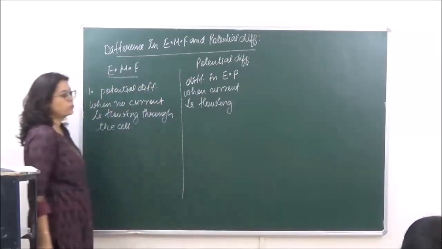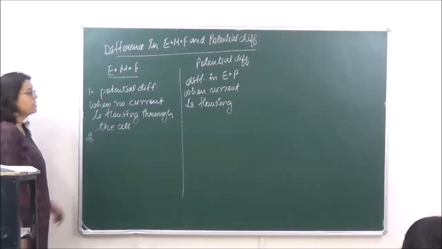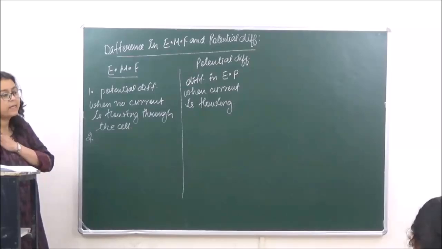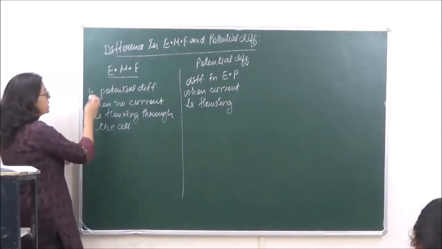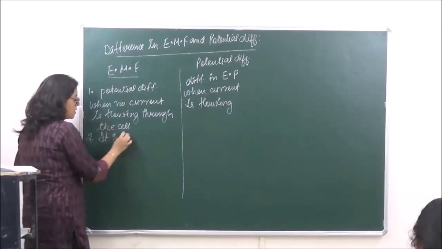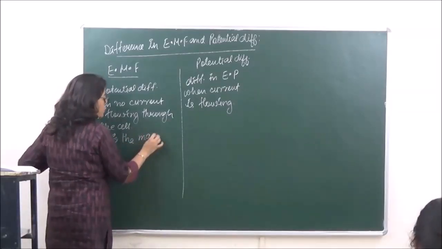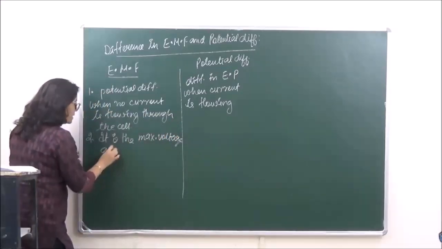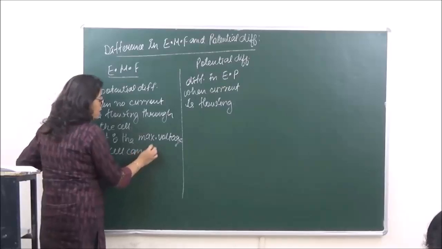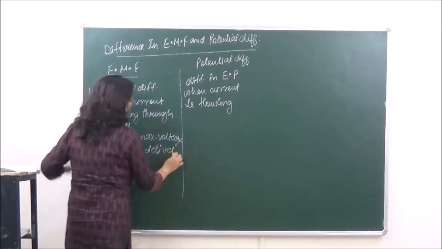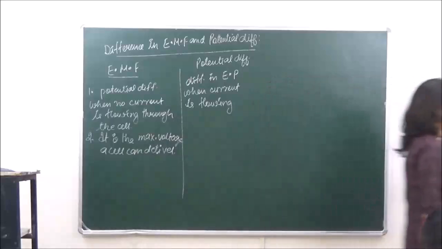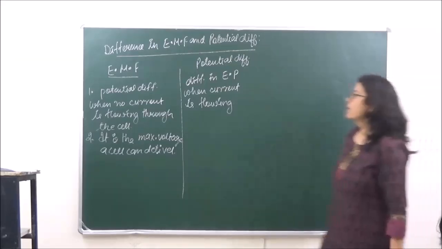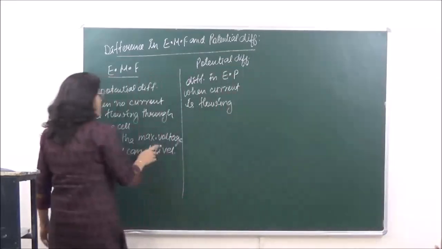When current is flowing through the cell. Okay? Then the second difference, the EMF, is the maximum voltage that a cell can deliver, whereas when we are talking of potential difference, then it is less than the maximum voltage.